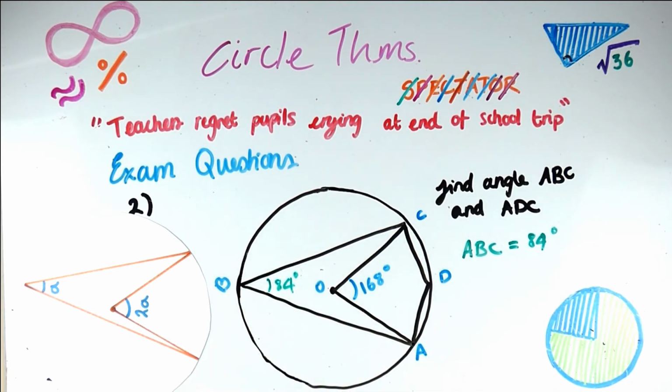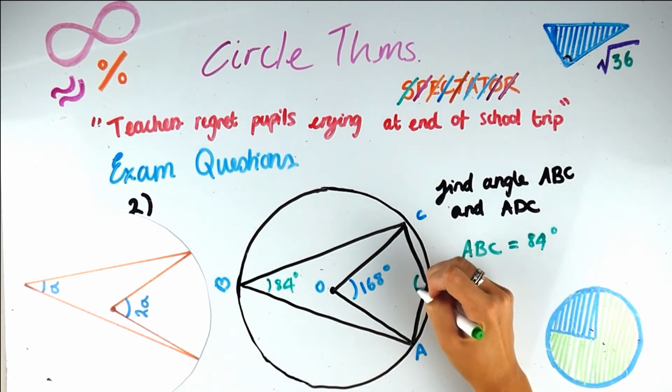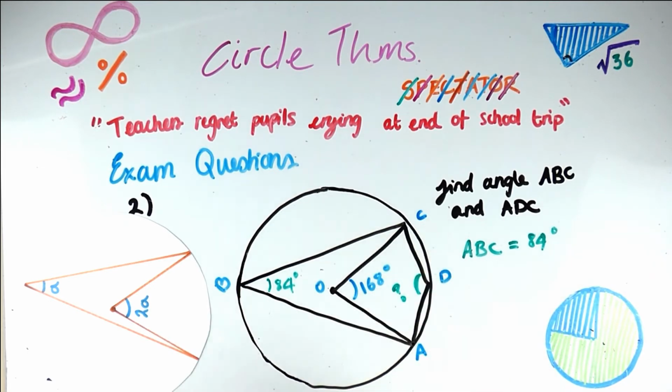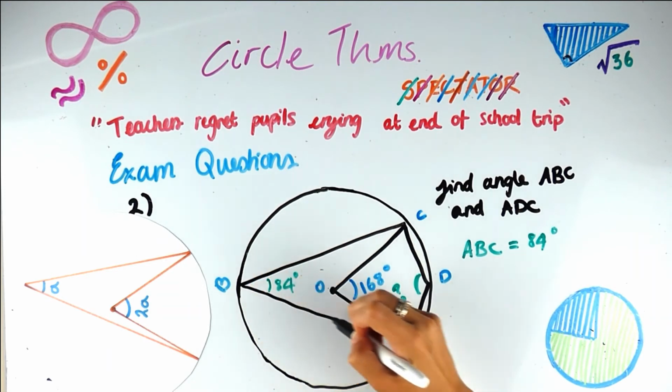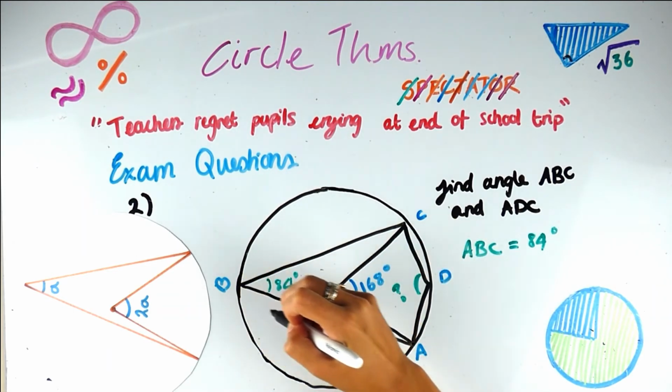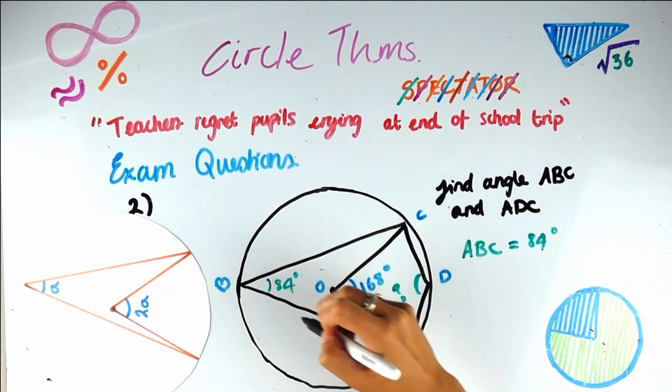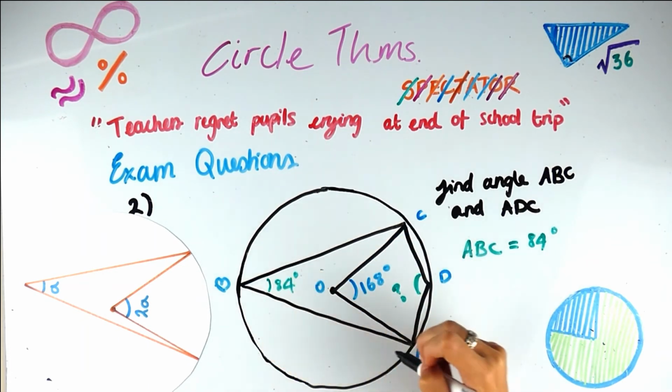What about ADC? What about this angle here? There are two ways we could approach this, and one is the quadrilateral rule. Here we have a cyclic quadrilateral. The opposite angles in a cyclic quadrilateral add up to 180.